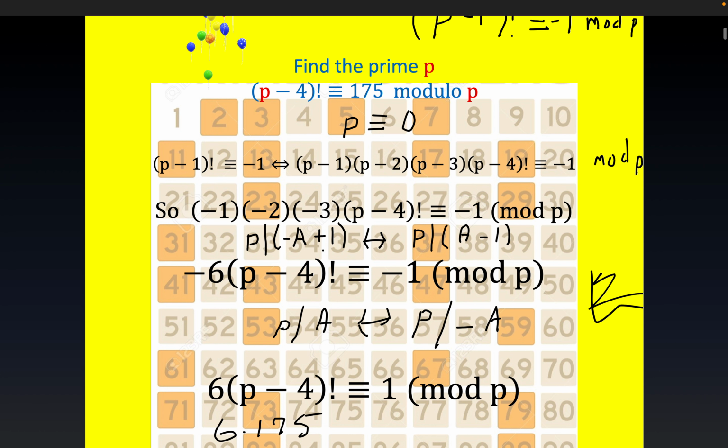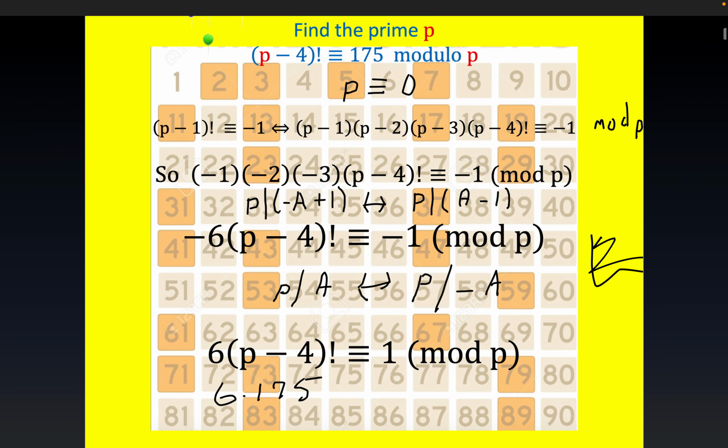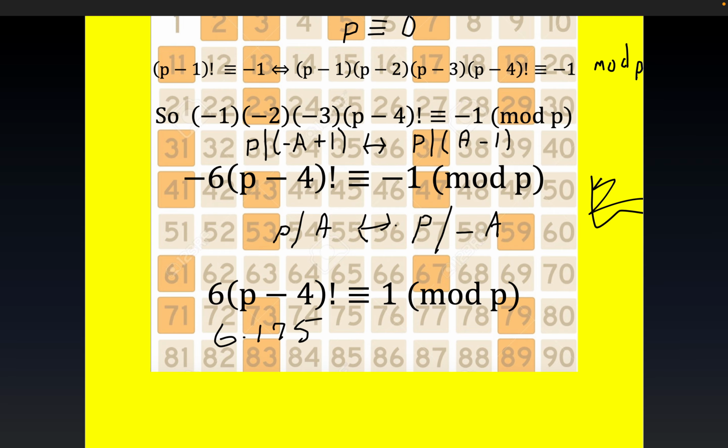It's an equality. We're given that p minus 4 factorial is congruent to 175. It's the same as equal. And we're looking for the p that gets that done. So we have this is congruent to 1 mod p.